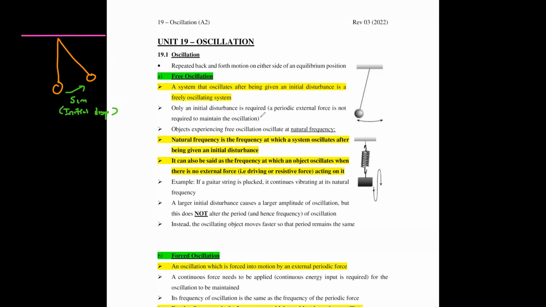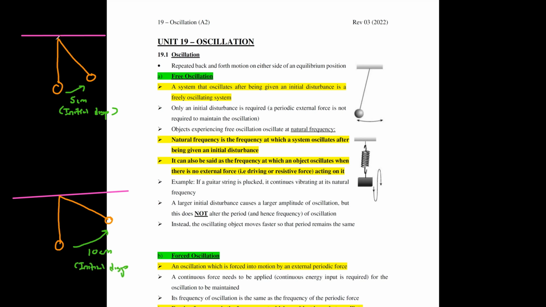And then I also have that same pendulum bob again. But this time, I displace it by 10 centimeter. This one I displace much further, like I said, 10 centimeter as my initial displacement.